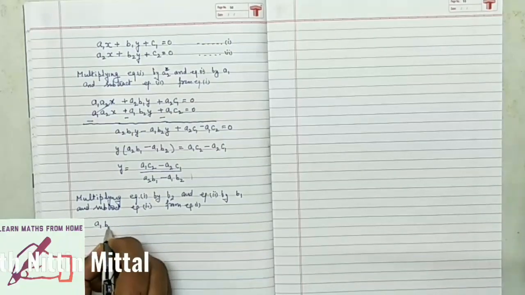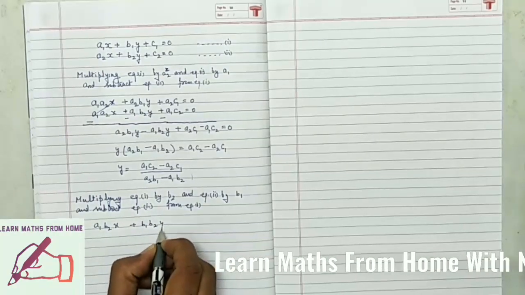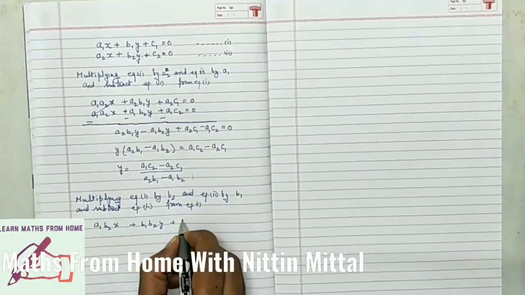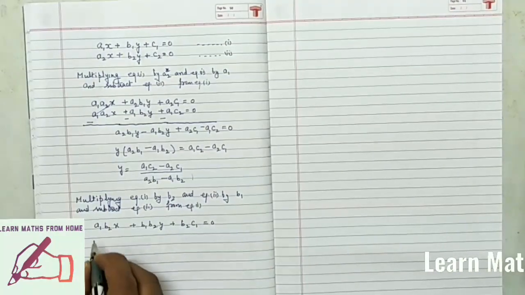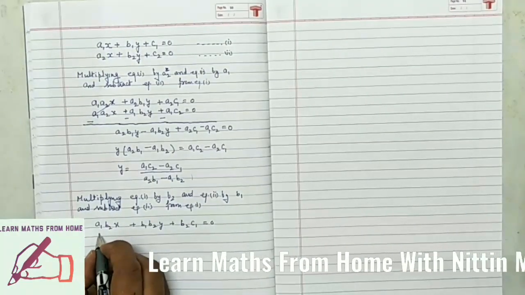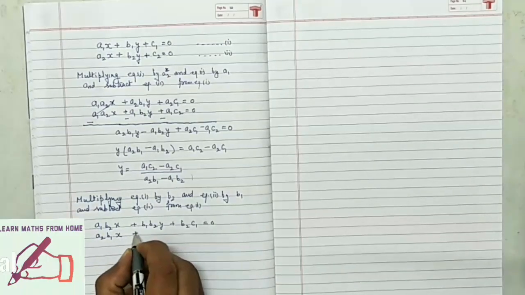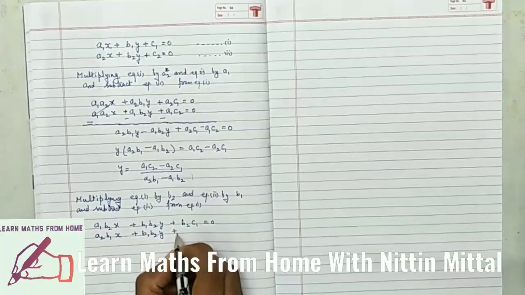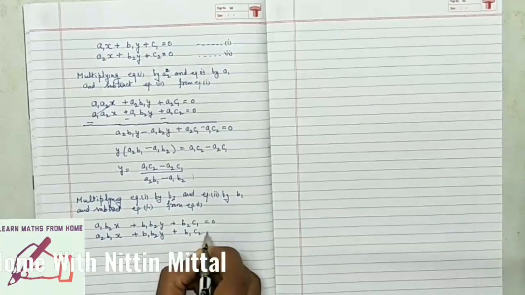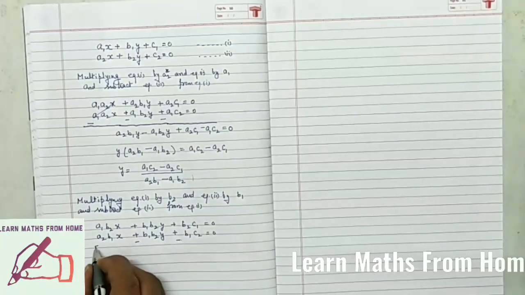So we have to multiply first. a1b2x plus b1b2y plus b2c1 equal to 0. Second equation we are multiplying by b1. So a2b1x plus b1b2y plus b1c2 equal to 0. So sign will change because we have to subtract.